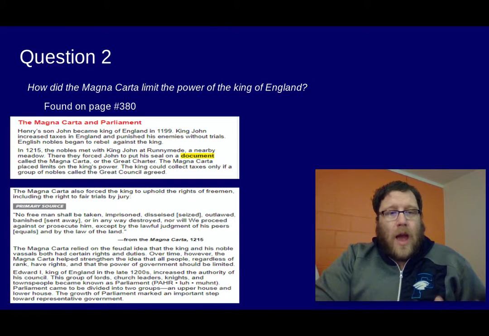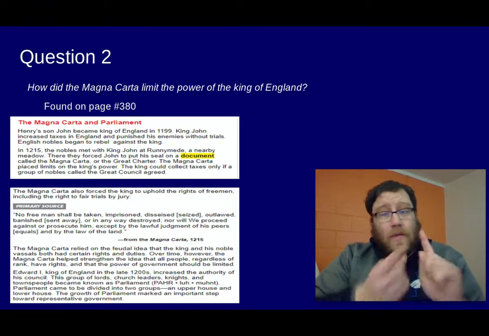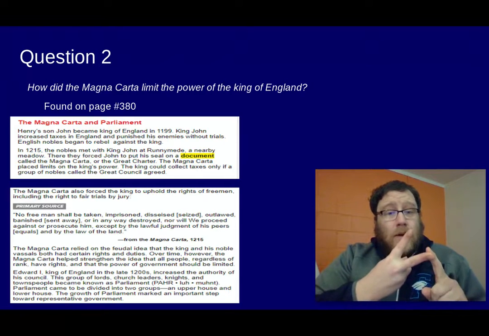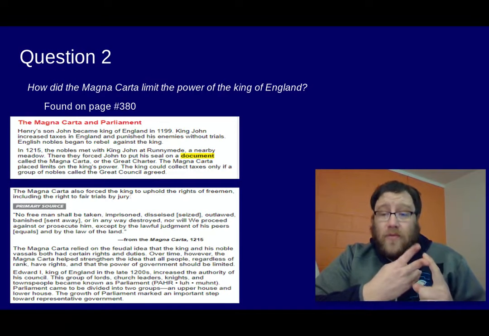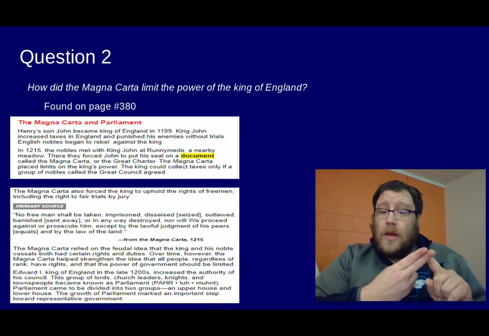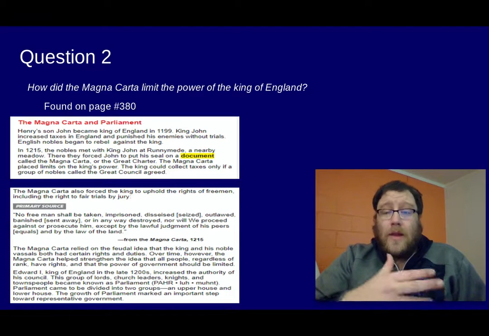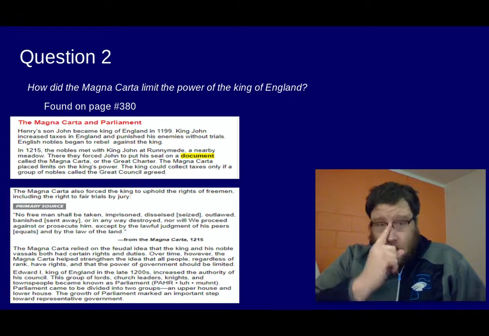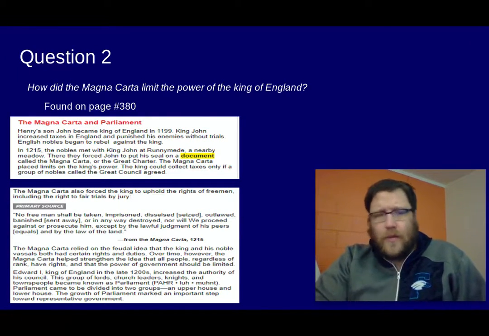So, how did the Magna Carta limit the power of the king? What power did it take away? It took away his power to collect taxes on his own, and it required him to uphold the rights of free men, meaning he had to give people a fair trial, which he wasn't doing at the time. I'll talk about that in a second.